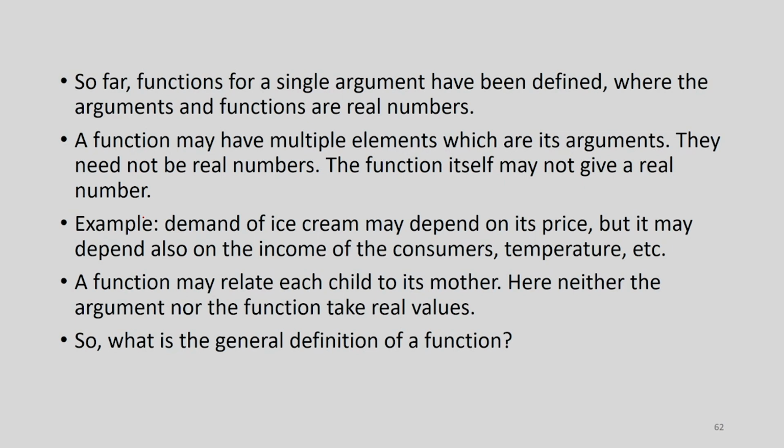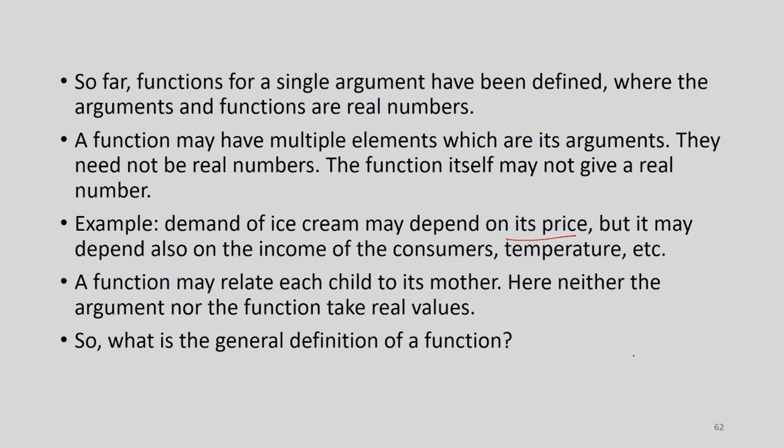The demand for ice cream may depend on its price, and that is called the demand function. If you remember, demand is a function of its price, but it may depend also on the income of the consumers, temperature, etc. So, there are multiple factors that might be affecting the demand for ice cream.